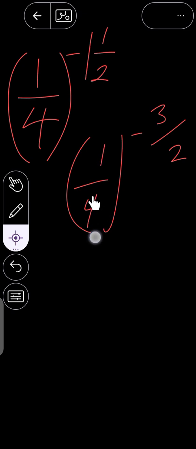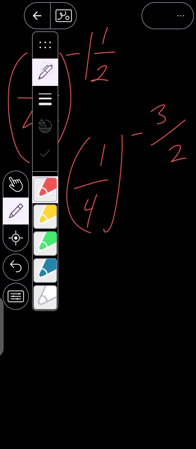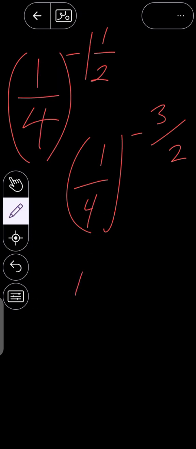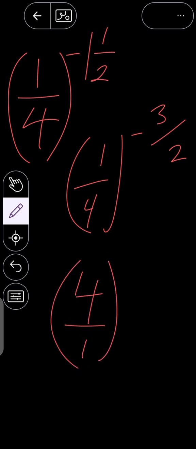Anytime the base is a fraction and we have a negative sign here, the negative sign can do the work of swapping this base. So what we now have is 4 over 1, everything raised to power 3 over 2.